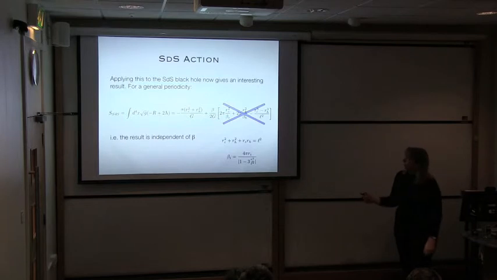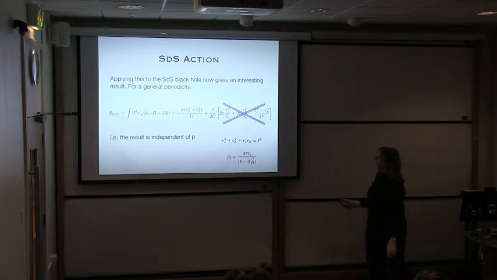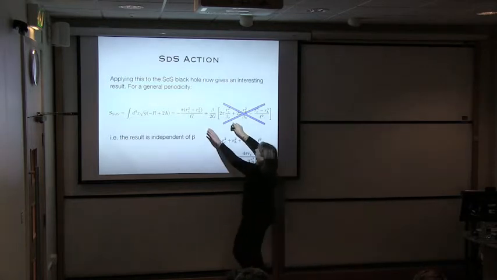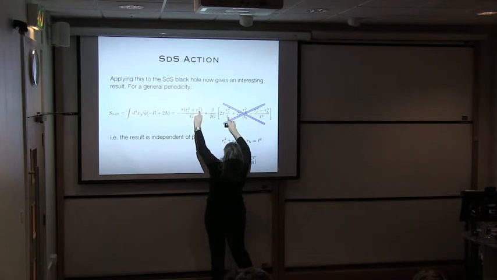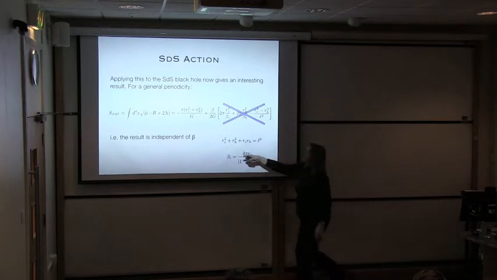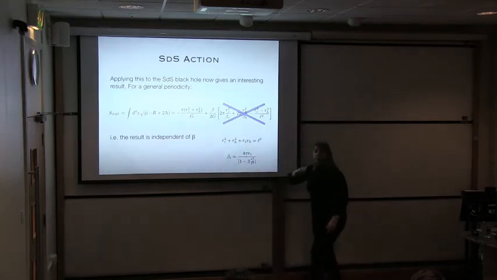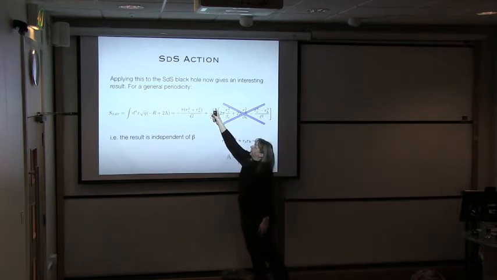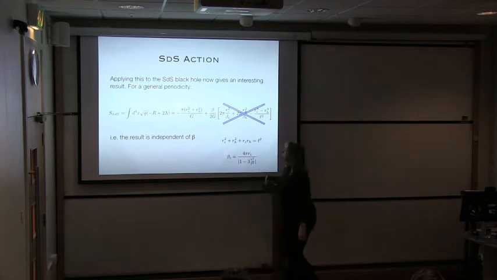So if you now just take a general periodicity, so you've got conical deficits at both horizons in Schwarzschild de Sitter, and then calculate all these pieces, what you find is that this term and this term and this term and this term are coming from the conical deficit. I'm expressing the conical deficit as the difference between the natural periodicity, which would be this bit, and the periodicity that you've got, so this is like the periodicity you've got divided by the natural one.